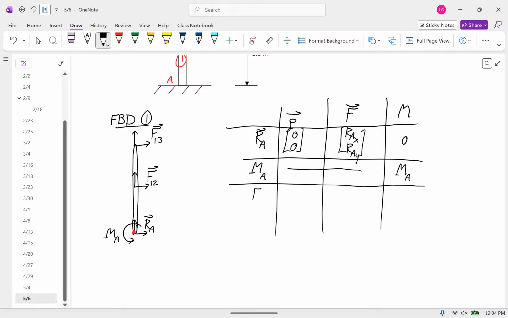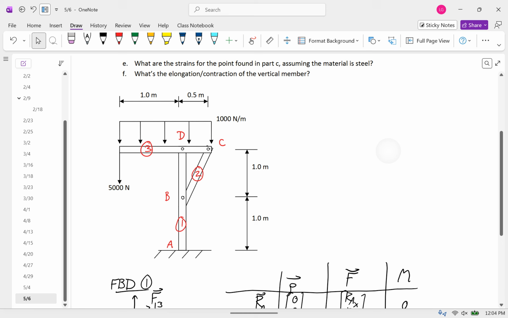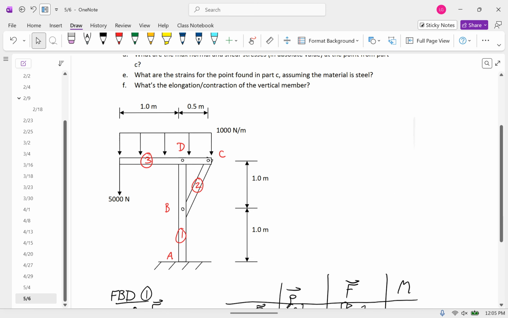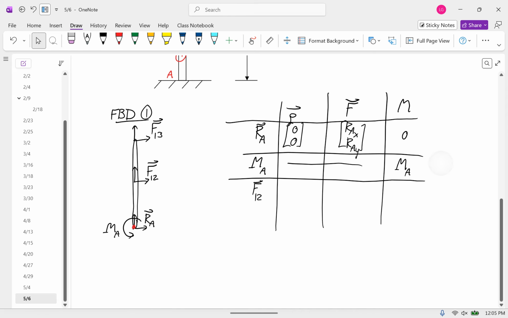Then I'll go to F12. The full thing is 2 meters long, and it's 1 meter to the midpoint. So from the about point to that force, the row vector is 0, 1, the force is F12x, F12y. Cross product is negative F12x.